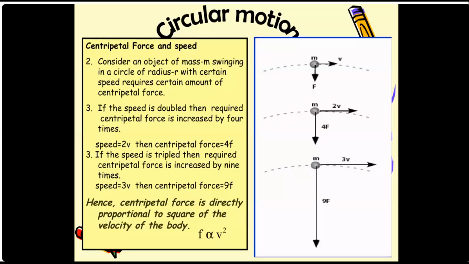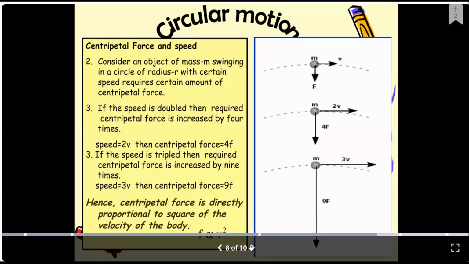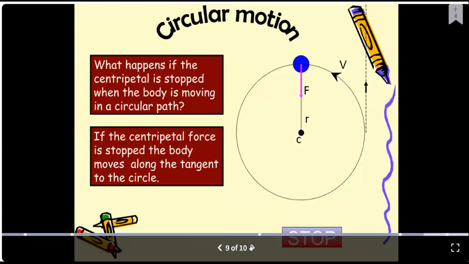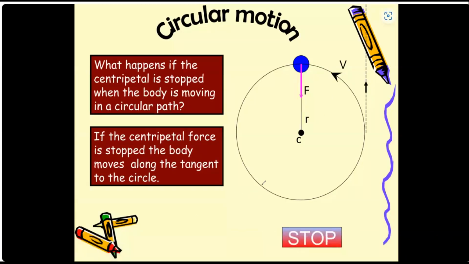So that formula I gave you, let me just write back the formula, just in case. F is equal to mv squared over r.